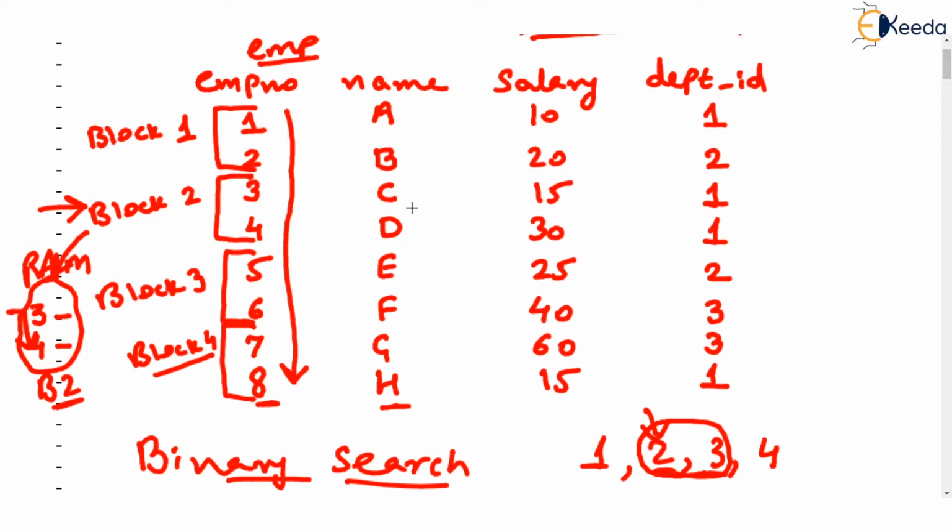Listen, employee number 8 can be only below. Check below block 2 because the last employee number here is 4. Observe, and we are searching for 8. And remember, employees are sorted on employee number. So if employee number 8 has to be there, it has to be below employee number 4, or rather, after employee number 4.